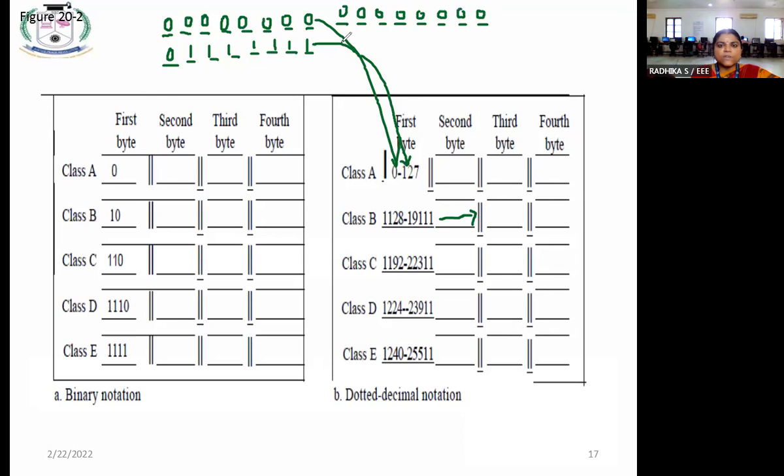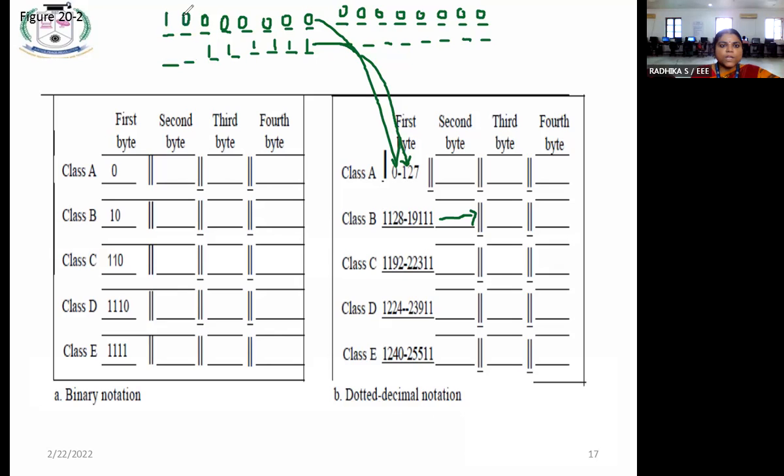Do you understand? So this is for class B addresses. What are the first bits supposed to be for class B addressing? 1, 0.